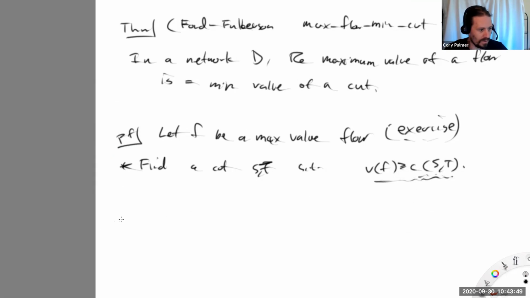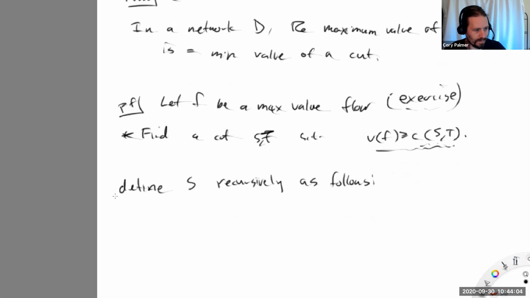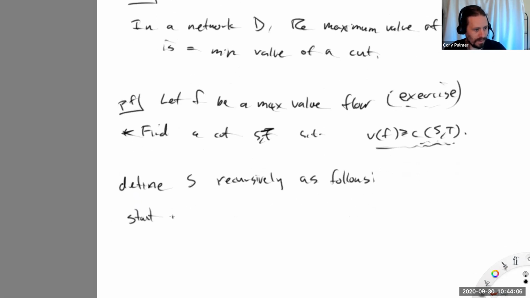Okay. So we'll define S iteratively or recursively as follows. What I'm going to do is start with S equals just the source, little s. So you put that into S to start with your cut.